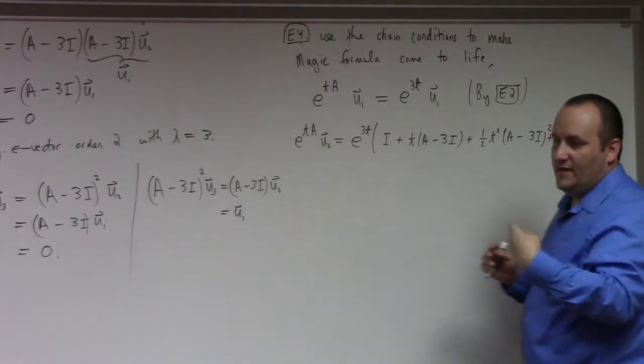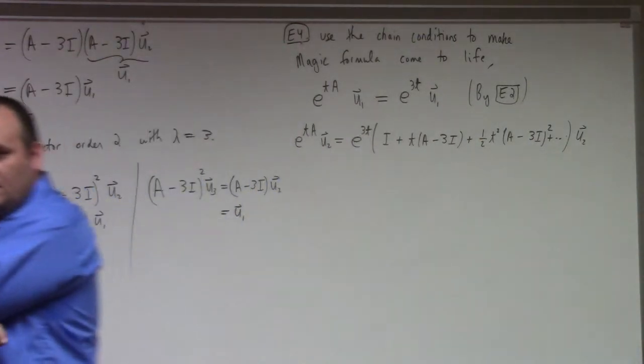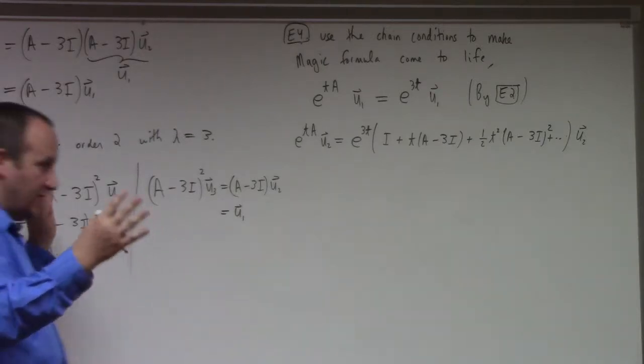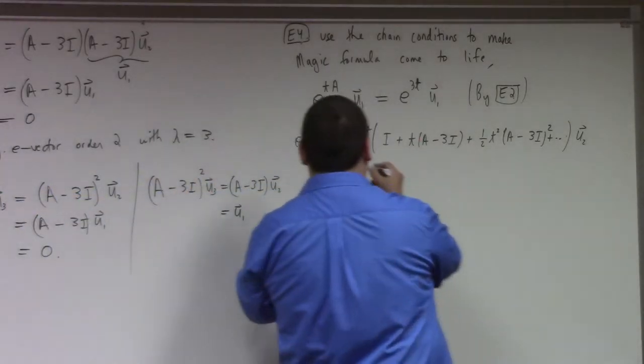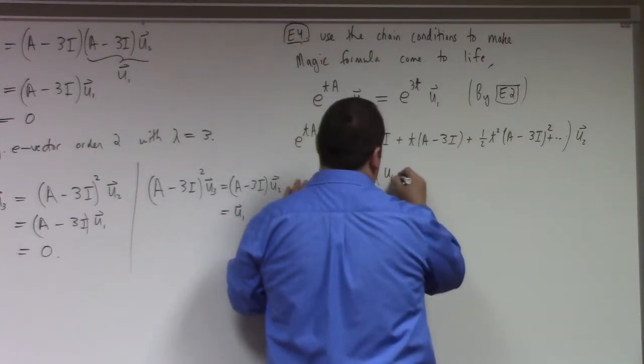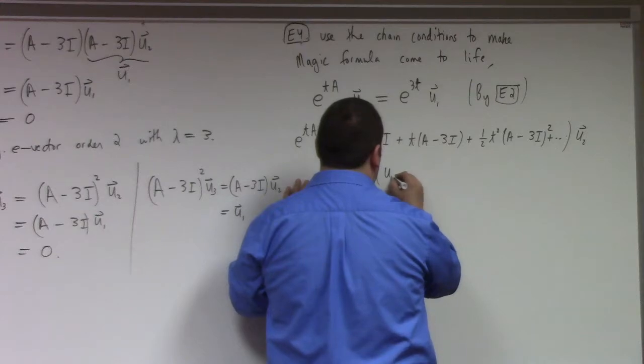Does the magic formula tell you what lambda is? The derivation I did is good for lambda equals 3, for lambda equals 17 plus 13i, for any lambda. It's just when you choose lambda as an eigenvalue of the matrix that you get the Jordan basis, which allows you to truncate the magic formula. That's where the beauty is. So e to the 3t, I times U2 is U2 again.